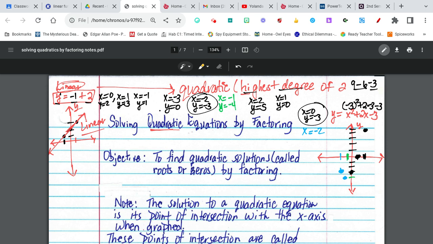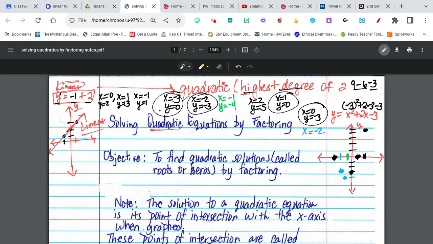All right, negative 3, 0. Let's take a look at the shape, what's happening. I got a y of 0 right here, y of 0 right there. Let's try x of negative 4.